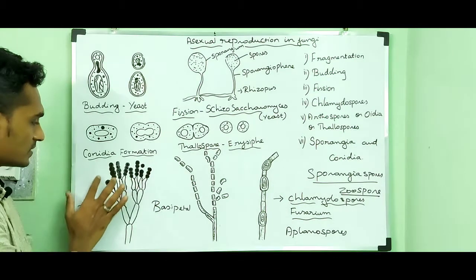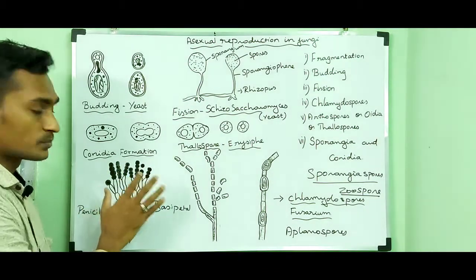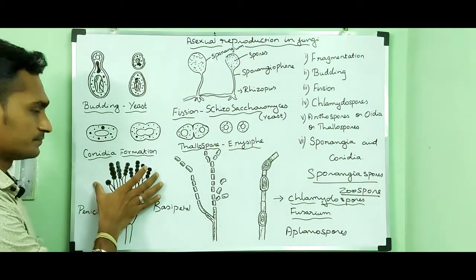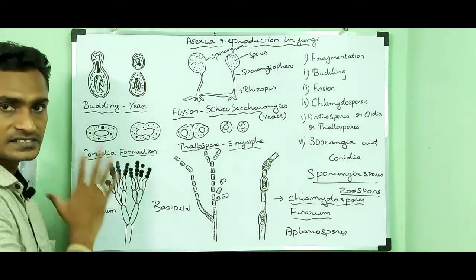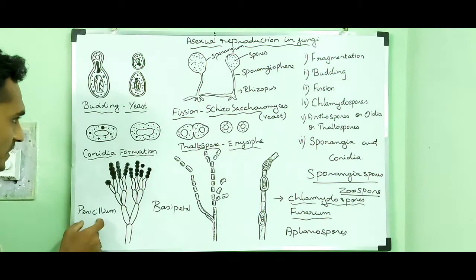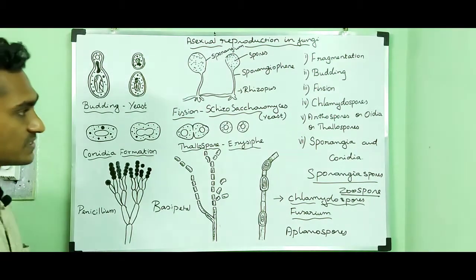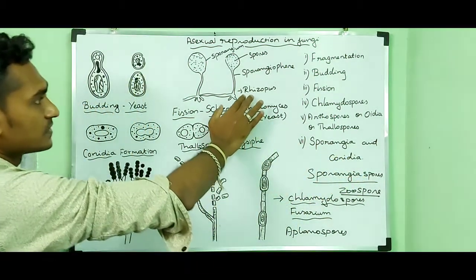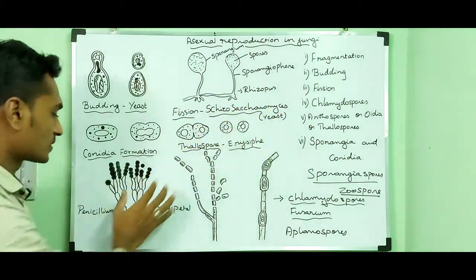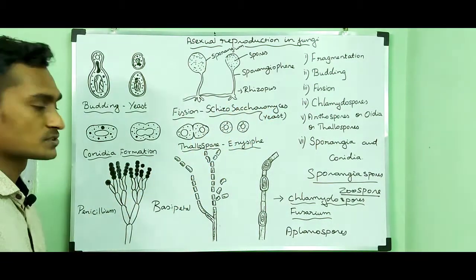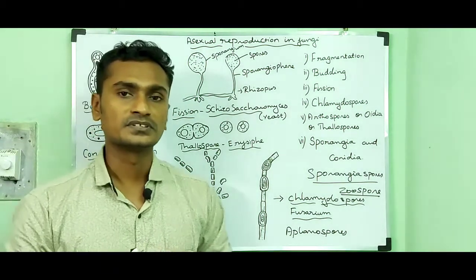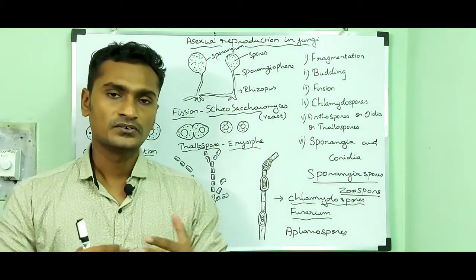For sporangia, an example is Rhizopus. For gonidia, an example is Penicillium. So that's all about asexual reproduction in fungi.